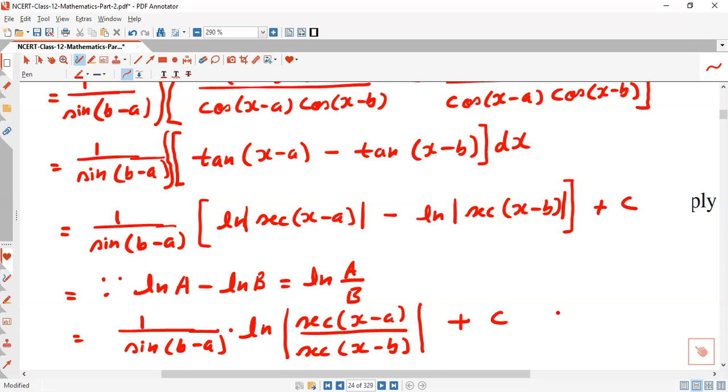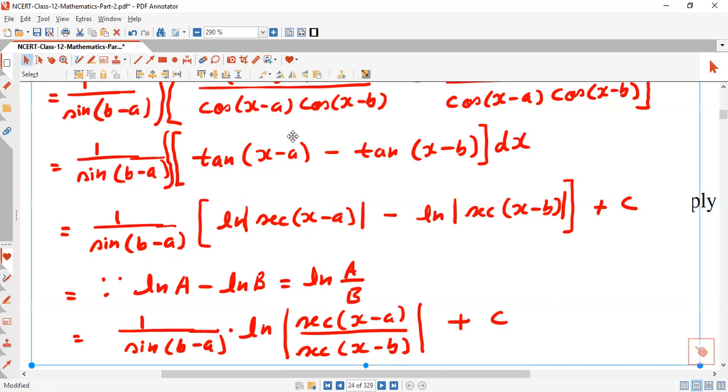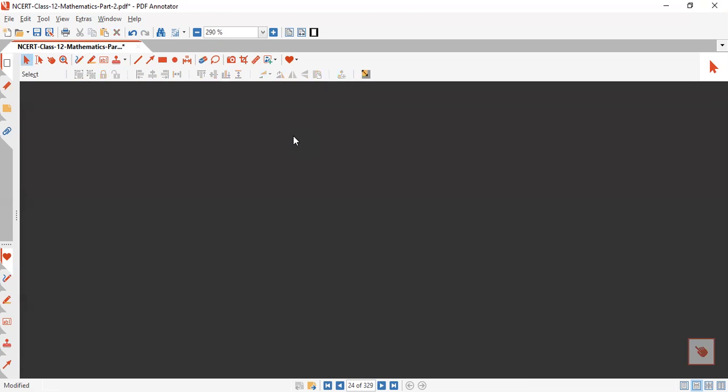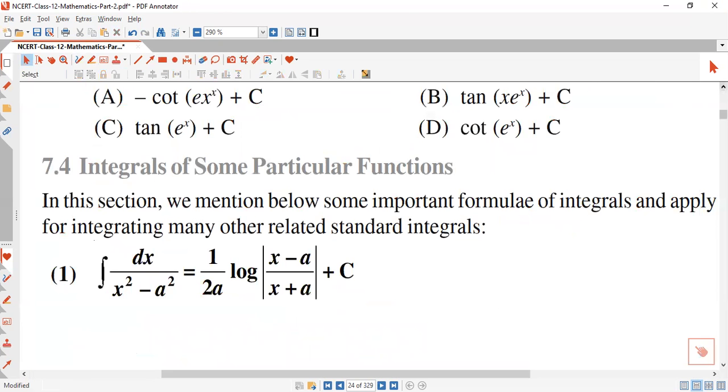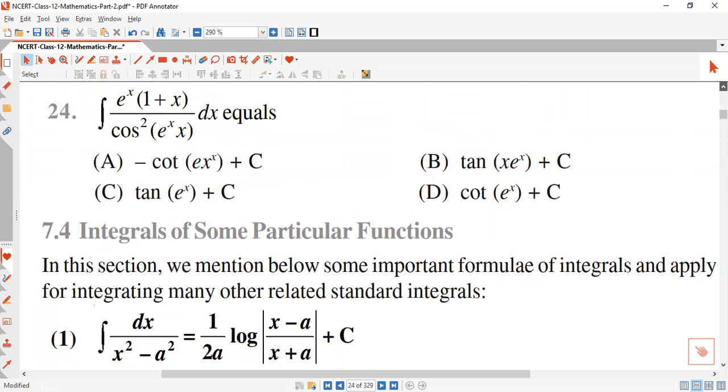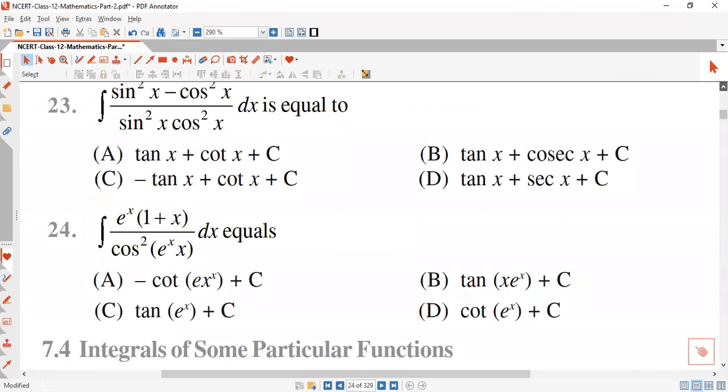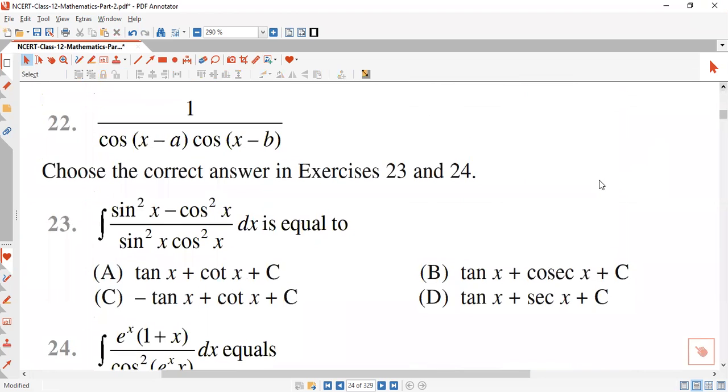This is the answer of this question. Now we will do the next question. Question 22 we have done. Now we do question number 23.